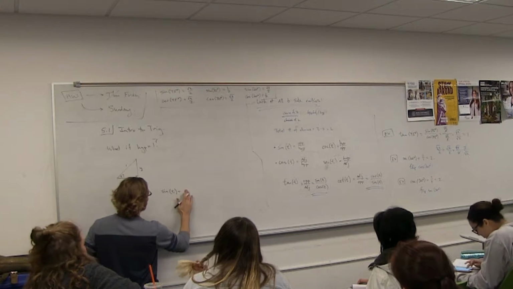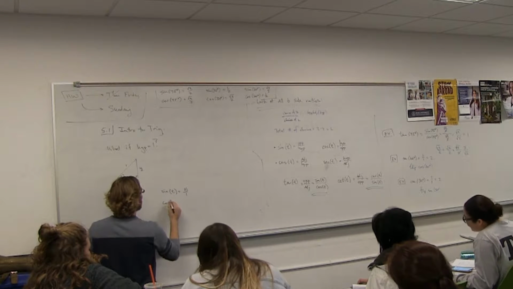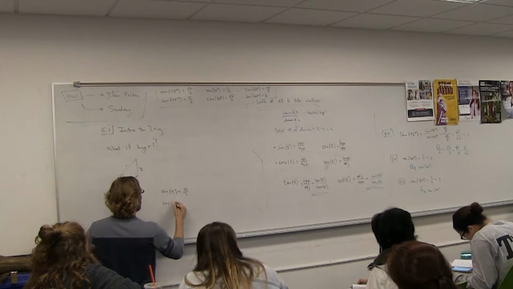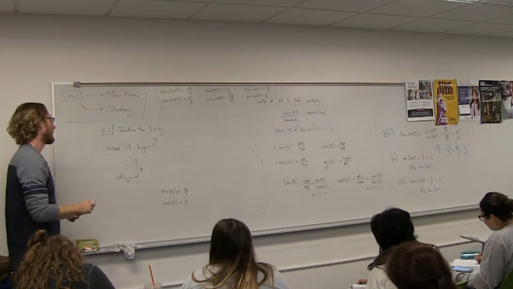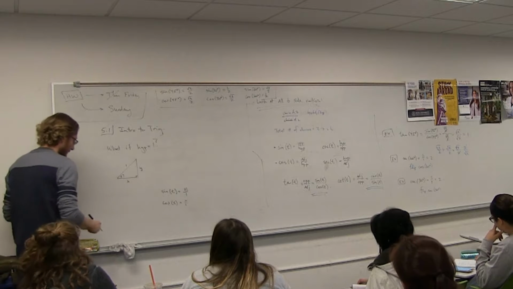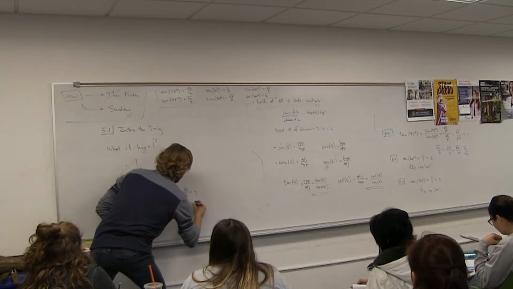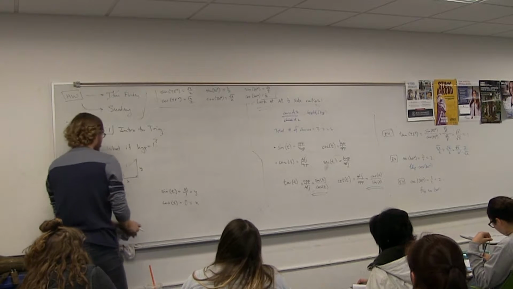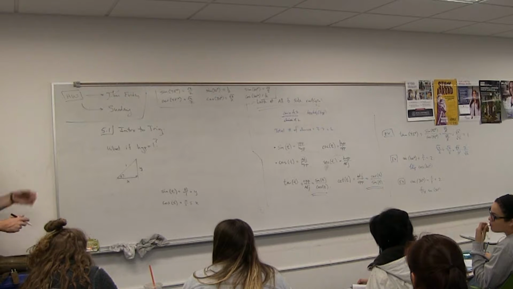I'll write y over 1. Why not? Cosine t, adjacent over hypotenuse, is x over 1. And of course, anything divided by 1 is itself, so let's just call it what it is, y and x. This was the virtue of choosing hypotenuse equal 1.